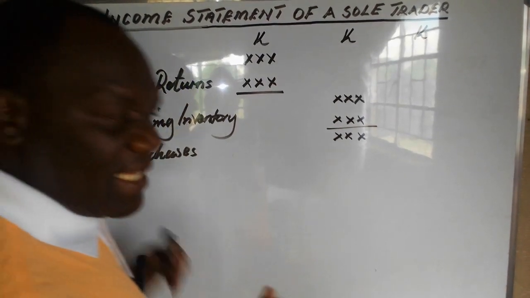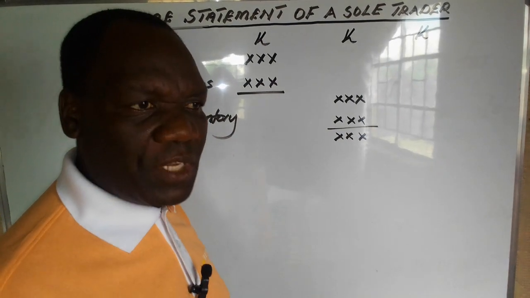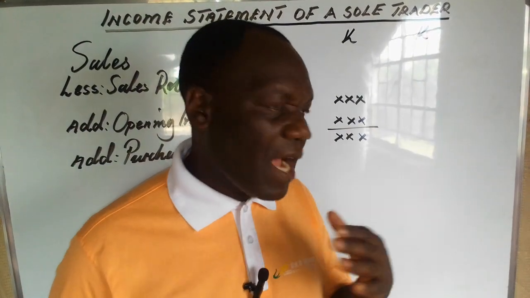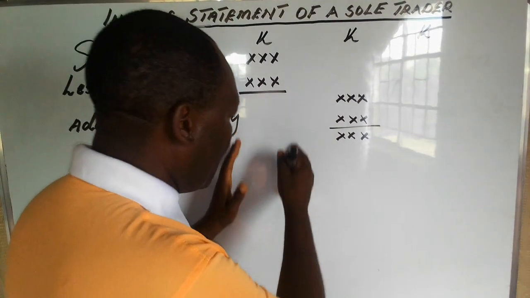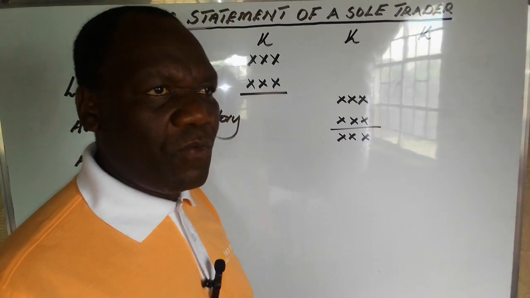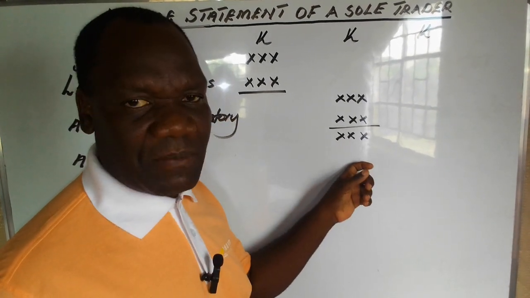Okay? These purchases, if at all there are adjustments that you need to make, then the figure will not come straight here. It will come here so that you are able to do your adjustments. Once you are done with your adjustment, the final figure is the one that comes here.